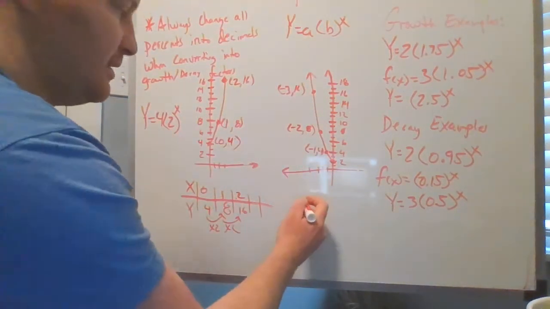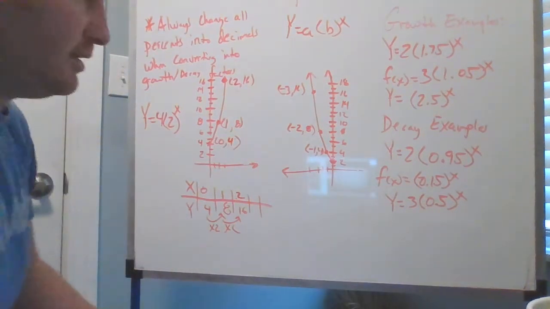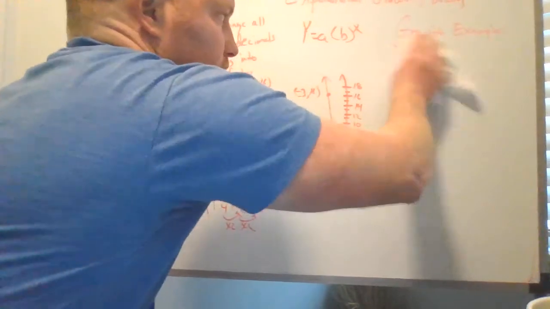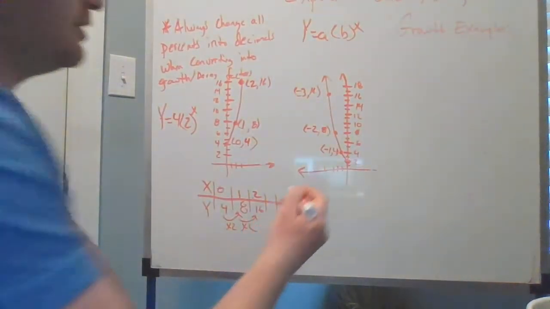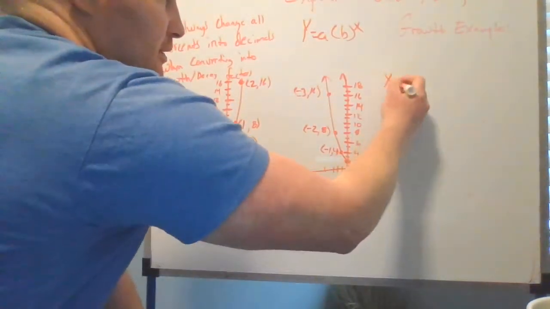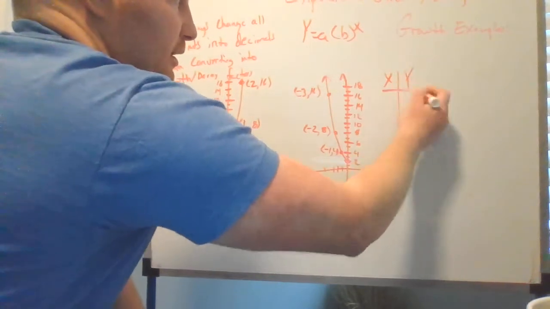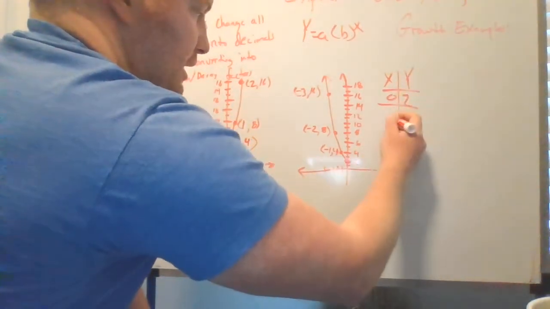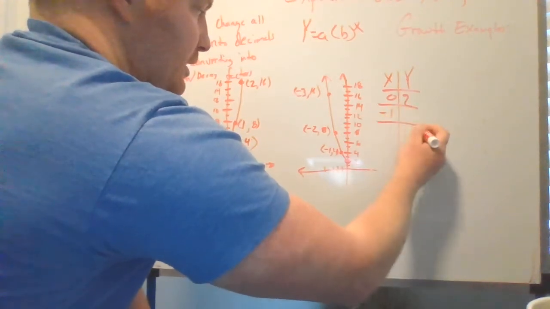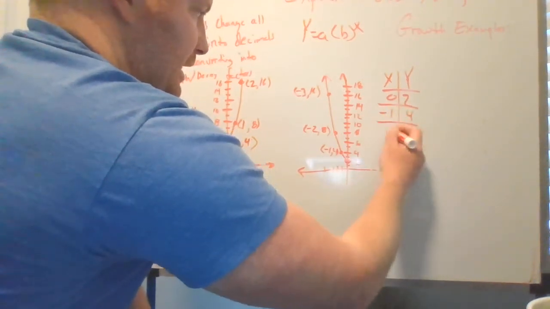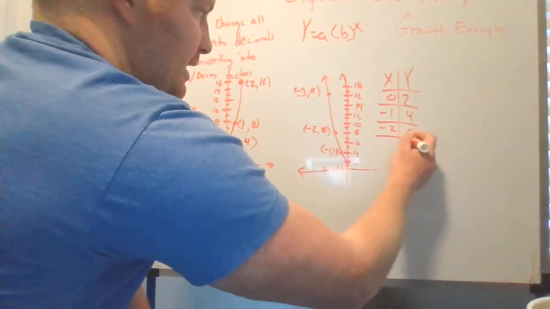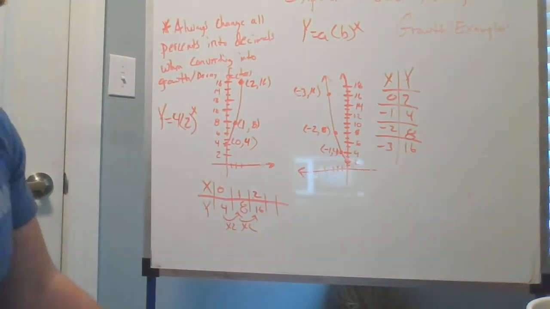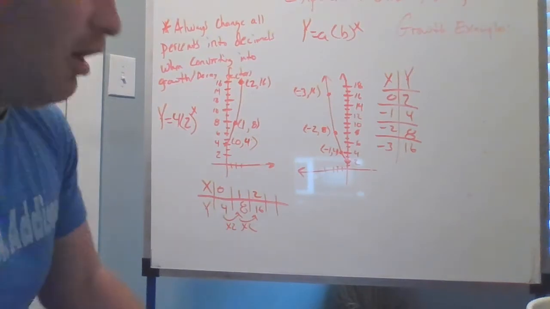So on the same sense, I'm going to erase some of this. So I got my x and my y right here. I got my 0 and my 2. I got my -1 and my 4. I got my -2 and my 8. And I got my -3 and my 16. Okay. So again, the process will always be the same.